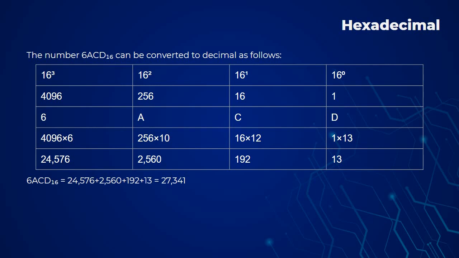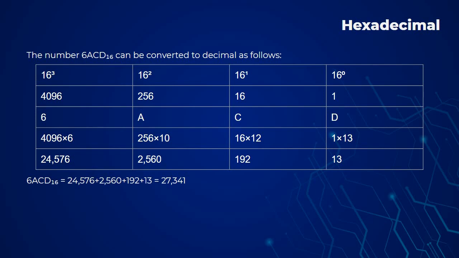Our second column is C, that represents a 12. And that column is worth 16. So we do 16 times 12, and that's 192. Then our third column, we have an A. A is 10. Our third column is worth 256, so we've got 256 times 10, that's 2,560.